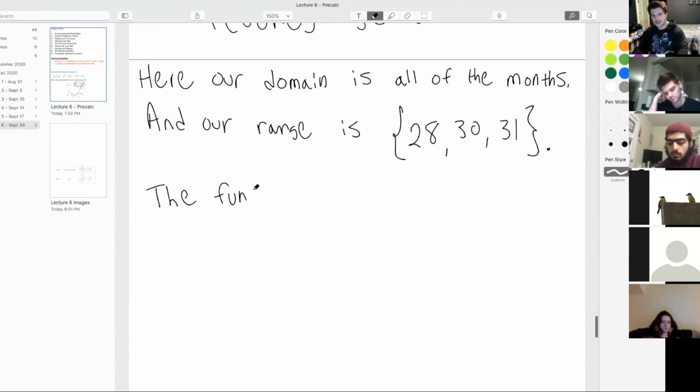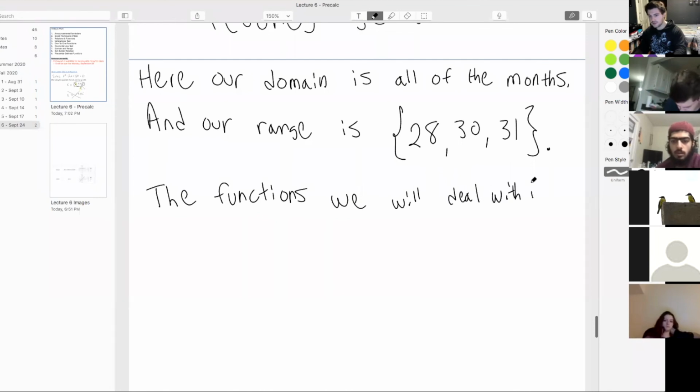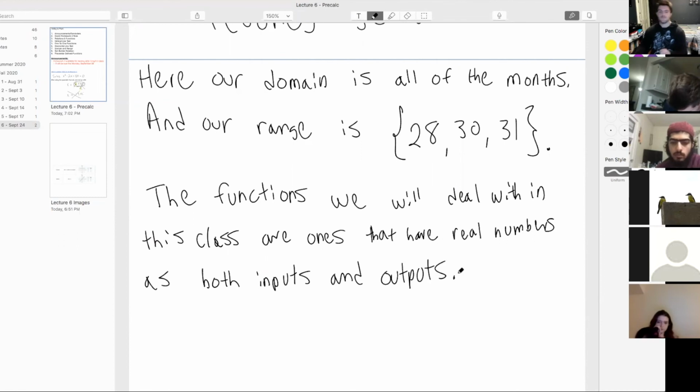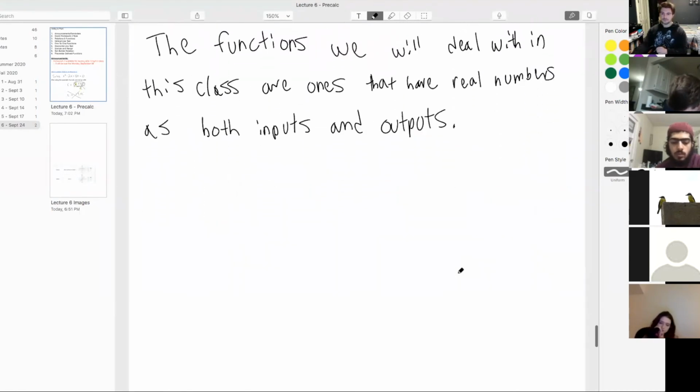However, the functions we will deal with in this class are ones that have real numbers as both inputs and outputs.